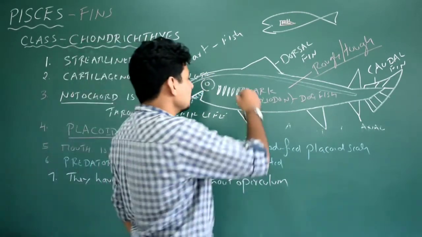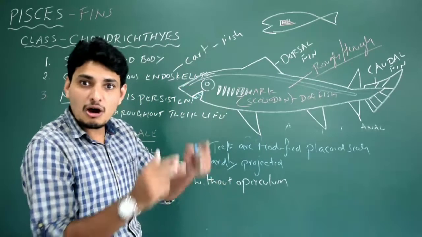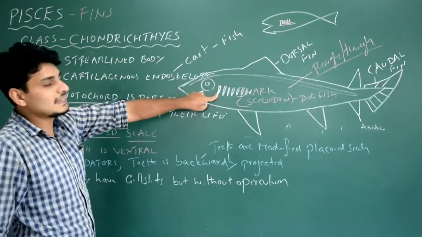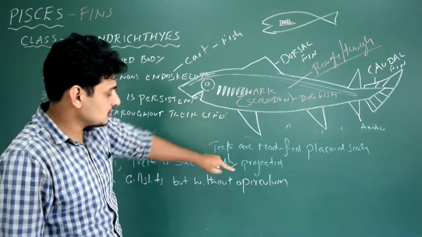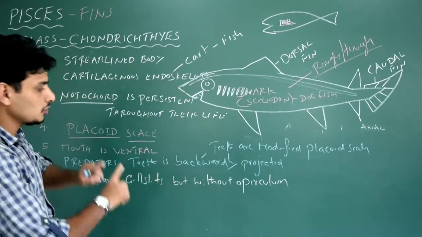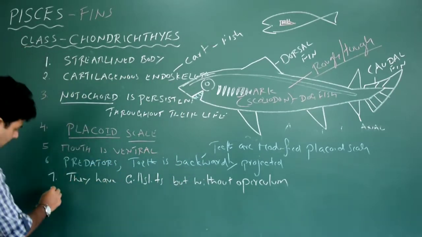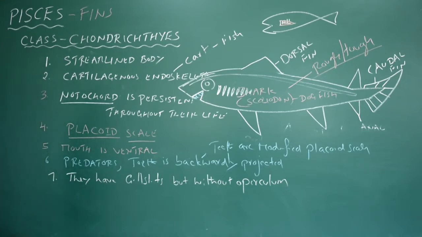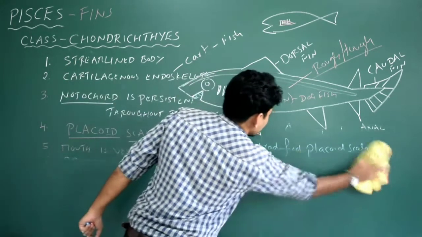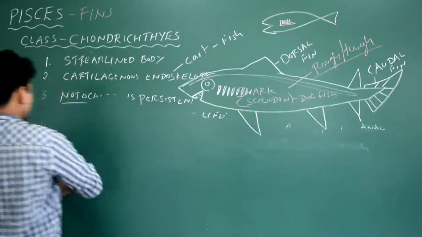Operculum is nothing but the cover of gill slits. But in the case of Chondrichthyes, only gill slits are present, whereas operculum is completely absent. So please note this point. Very important. Without operculum. Okay. Next, we will erase it. Please copy it. Now we will erase everything.